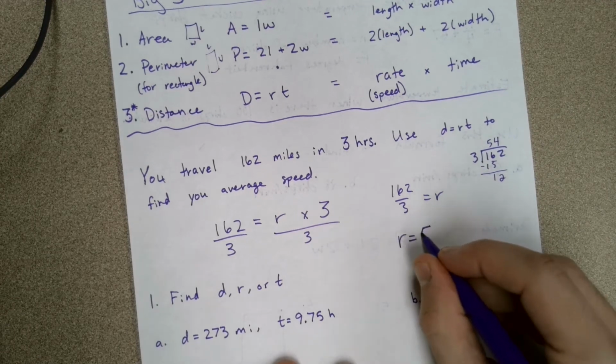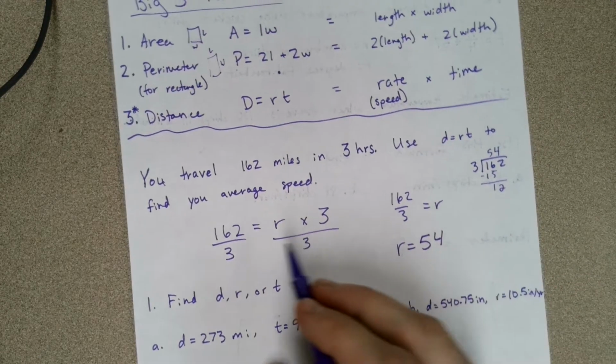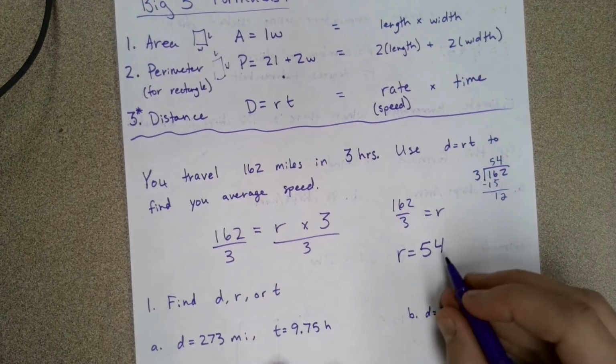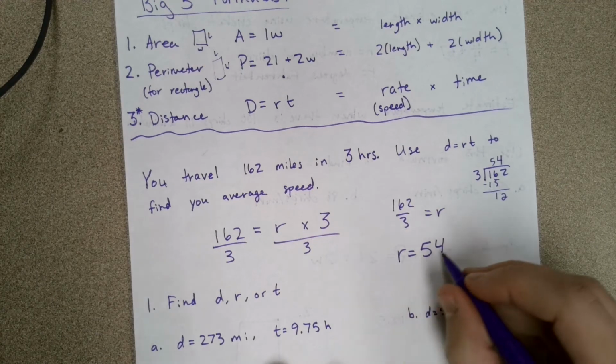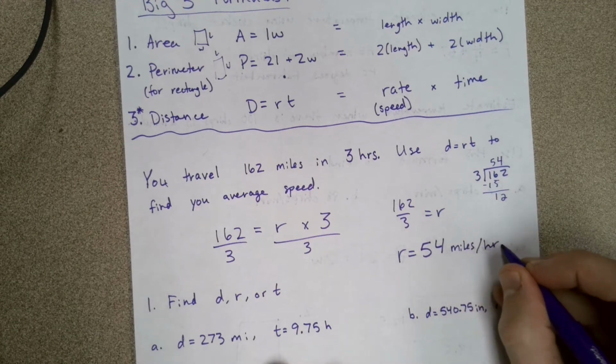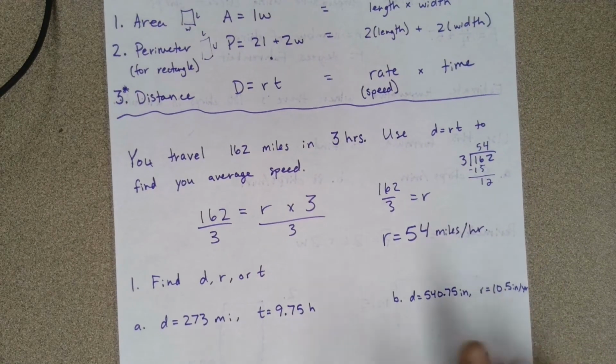R equals 54, and we need our units here. We're talking miles per hour. Miles per hour. See how I did that? Miles is our distance. Hour is our time. Our speed is 54 miles per hour. That's our average speed right there.